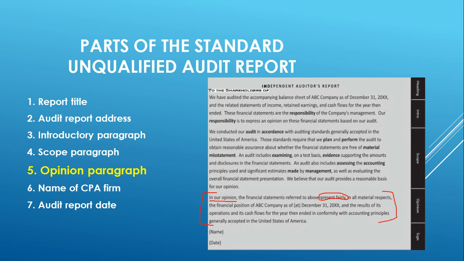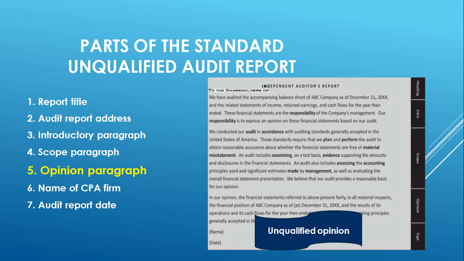And before that, we have to discuss the four types of opinion. The first one is the unqualified opinion, and as we see in the unqualified opinion, in our opinion, we can find present fairly.